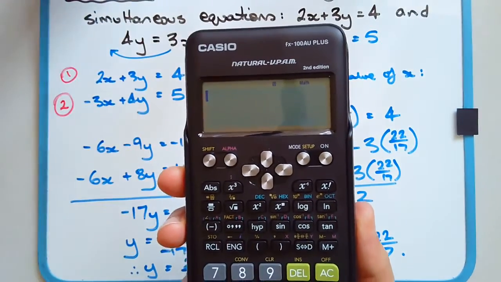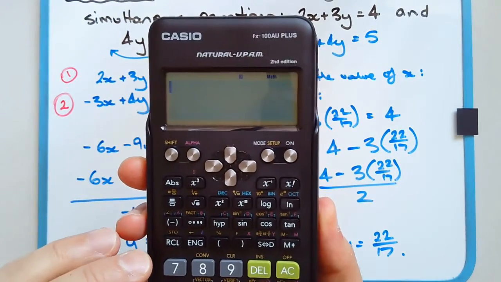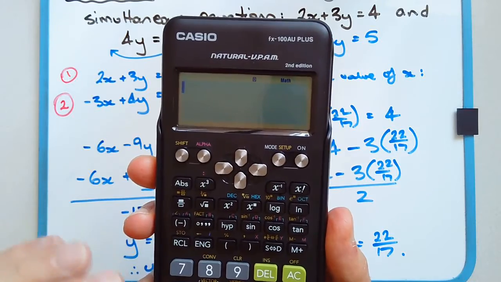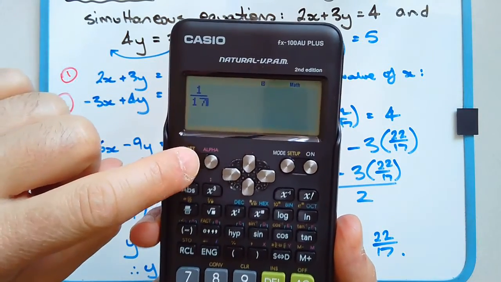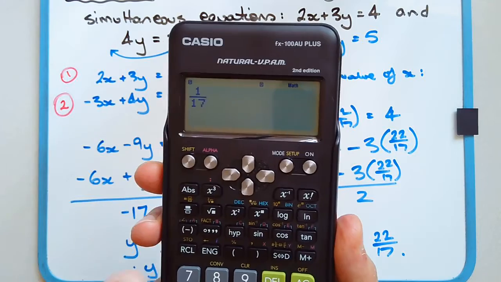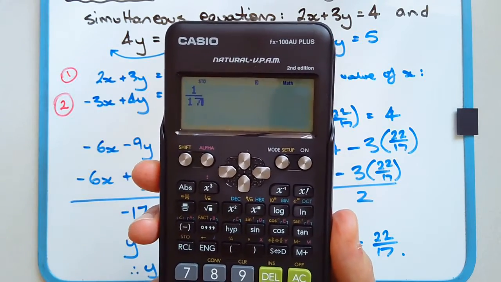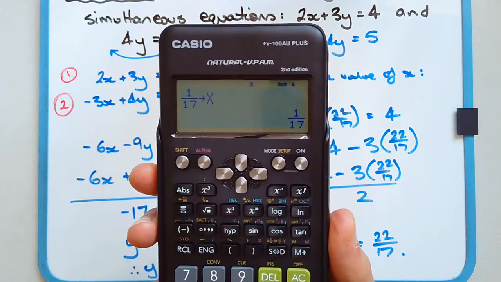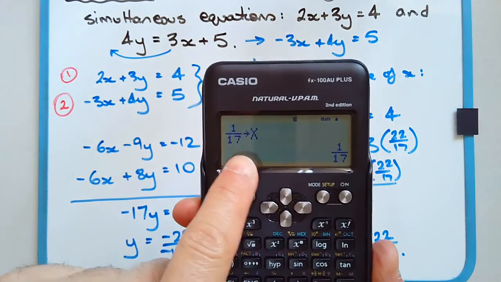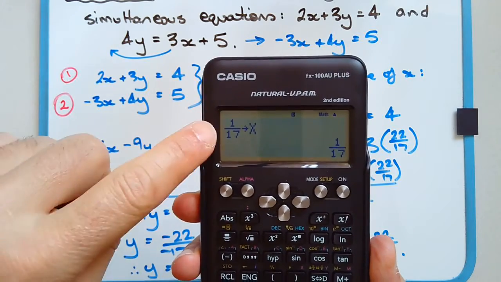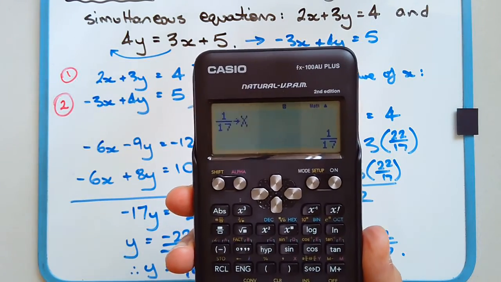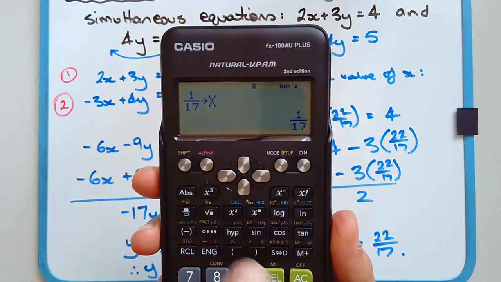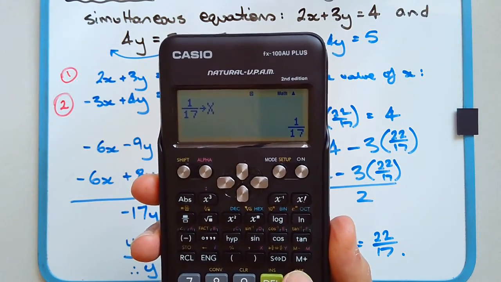So again, let's do that. x is 1 on 17. The way we do that is just type it in, 1 on 17, shift, just press it, don't have to hold it down, RCL, and then the letter x. You should have something on the screen looking like this, a fraction with a little arrow pointing to x. So we've now stored that value in the pronumeral x, which is really cool.